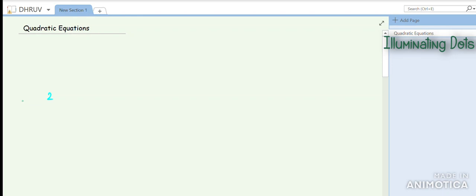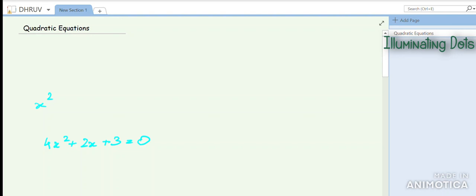So, what I mean is that if the equation is such as 4x square plus 2x plus 3 is equals to 0, then this is a quadratic equation. Why? Because it has a degree 2. So what's degree? Degree is the greatest power present in the equation. Okay, so this is a quadratic equation.